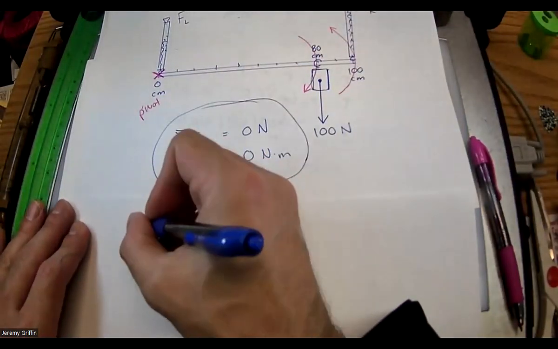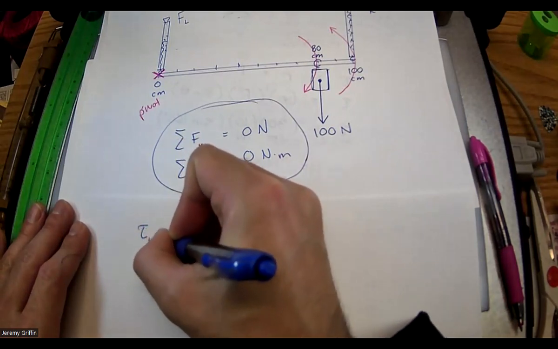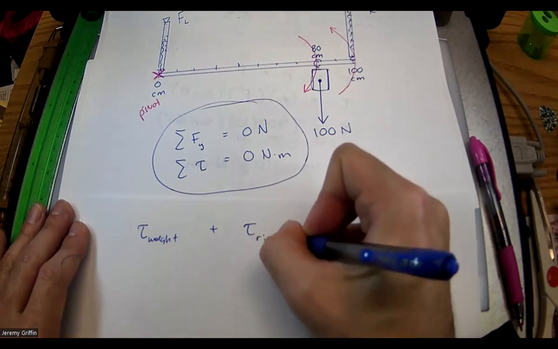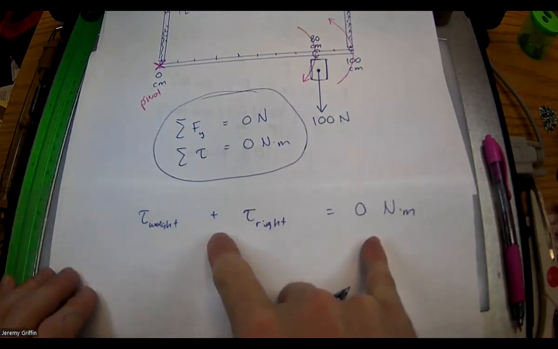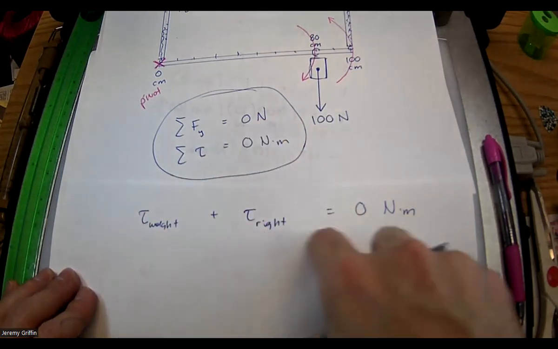So I'll say the torque caused by the weight plus the torque caused by the right spring scale goes to 0 newton meters. I should put in a step before this: the sum of the torque is equal to 0. So start with the step that leads to this step.